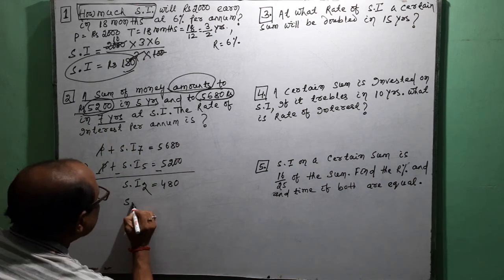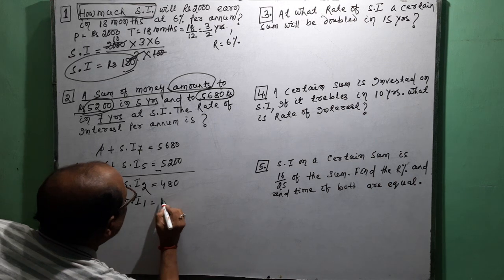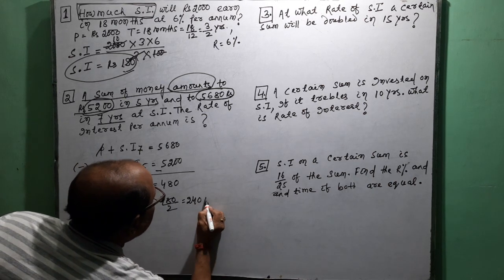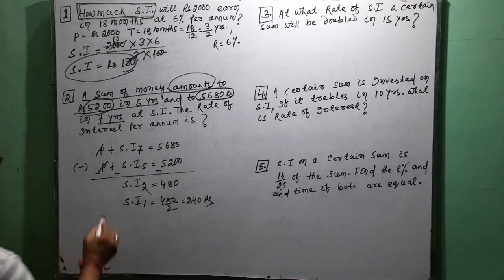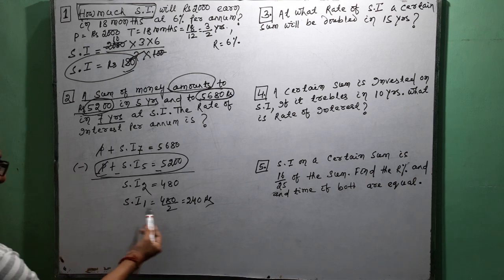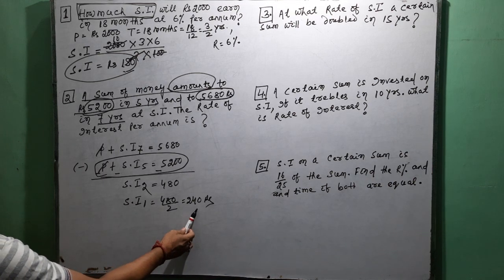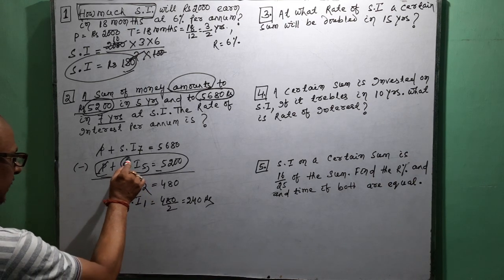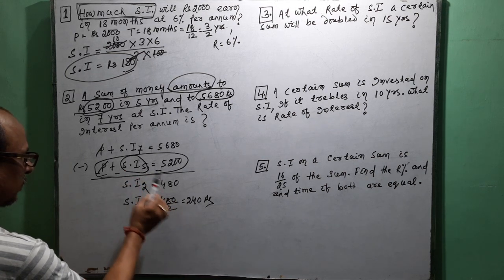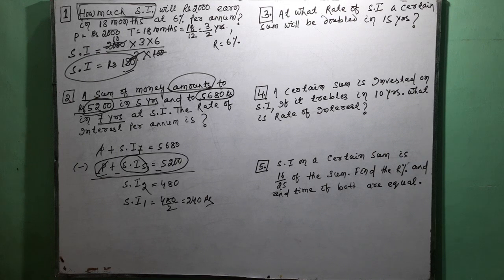Then SI of 1 year is 480 by 2, which is 240 rupees. SI of 5 years is 240 into 5, which is 1,200 rupees.